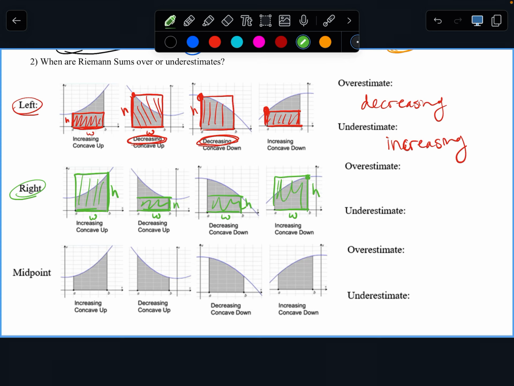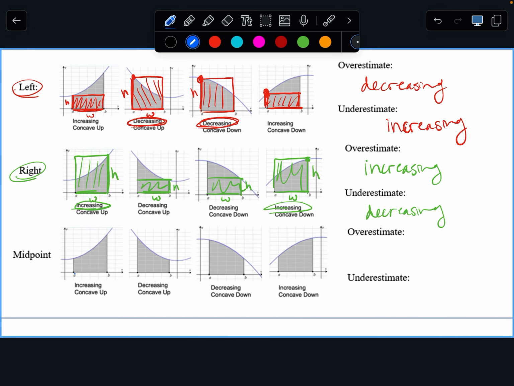Way above. You know what I'm saying? And then figure out what's the commonality. So what's the overestimate? What are they always doing? Increasing. Oh my gosh, it's opposite of left. That's shocking. And decreasing always concave down. Okay, memorize, sure, but waste of life if you memorize.